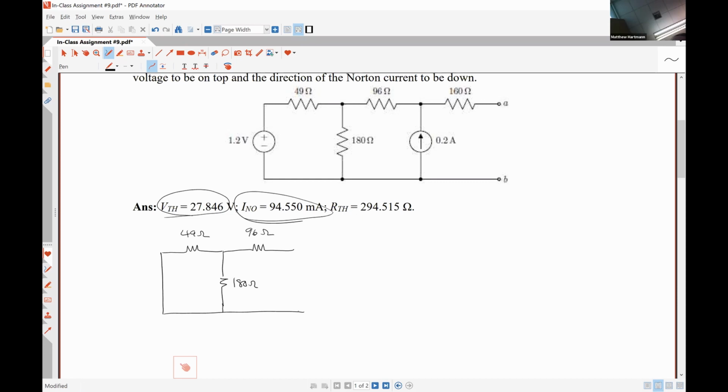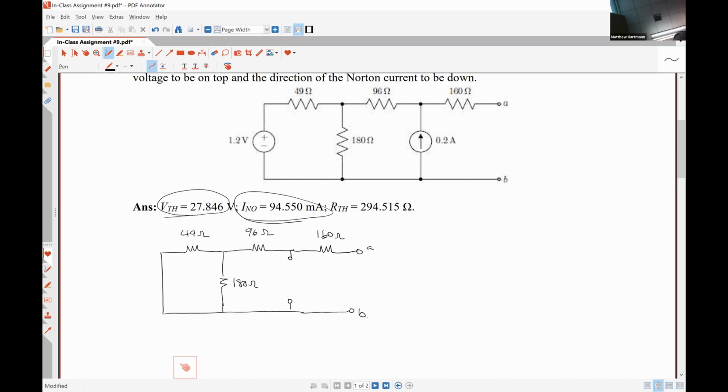Because in an open circuit, no current can flow through. And to turn off a current source, we want it to represent 0 current with any possible amount of voltage. So I'm just going to have effectively an open circuit here. Then I have this 160 ohm resistor. Here is terminal A, and here is terminal B.